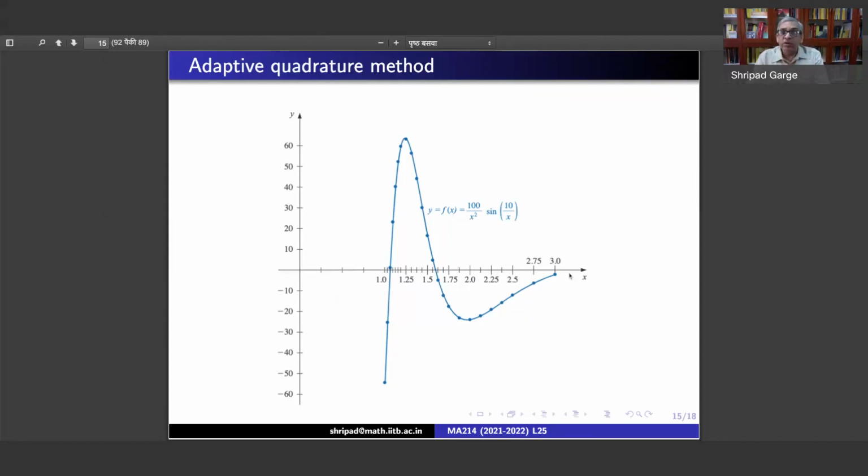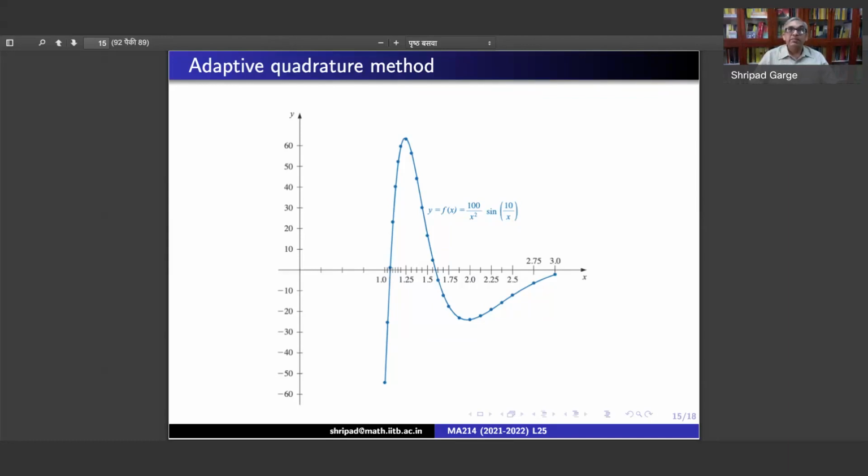So between 2.75 and 3, we did not need any subinterval, because there the tolerance was within the accepted range. But between 1 and 1.25, you needed to have several nodes. So you see that there are many vertical lines there on the x-axis, because there we needed several nodes. So this is what the adaptive quadrature method will do.